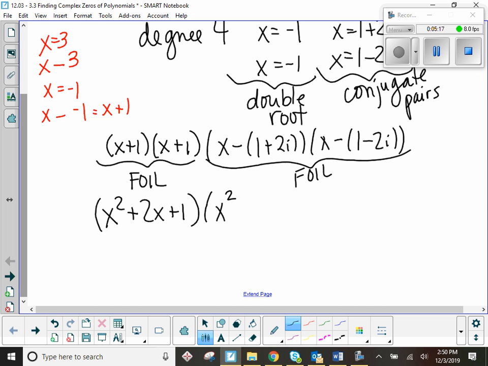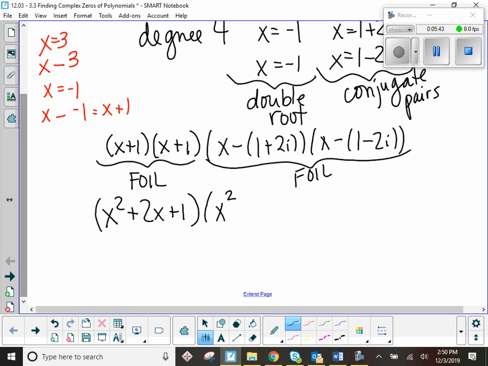What does the O stand for in FOIL? The outer terms. So let's look at those. This is where it gets a little bit weird. I have an x here. This is my outer term on this side. The outer term here is the 1 minus 2i and its negative sign. So to do the O, we're multiplying the outer terms. What's the sign going to be when I do that product?